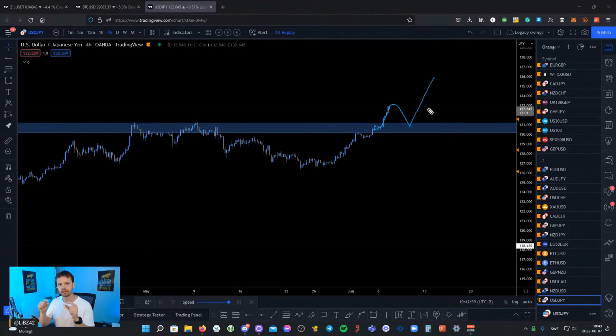Most likely that system has incorporated some type of horizontal support and resistance, which you can see right here.